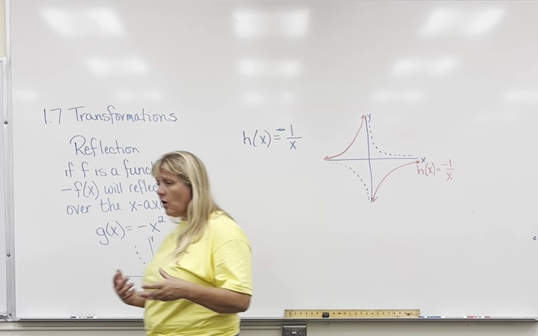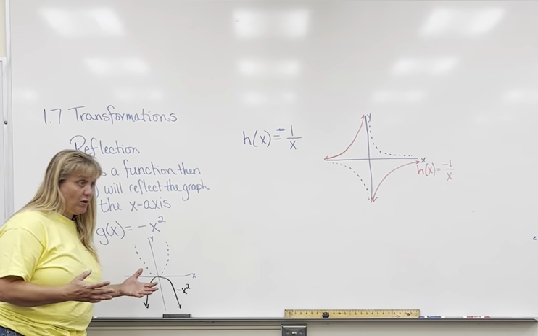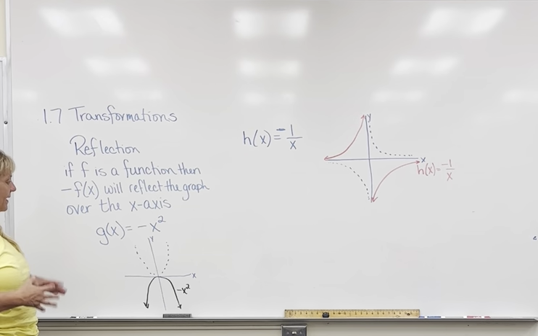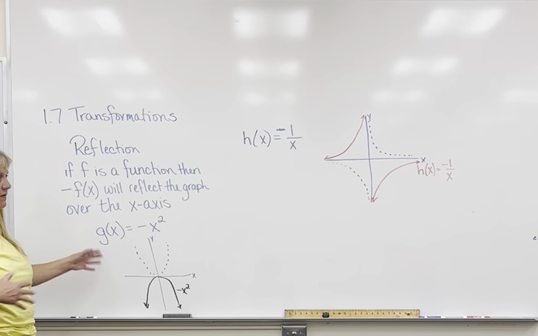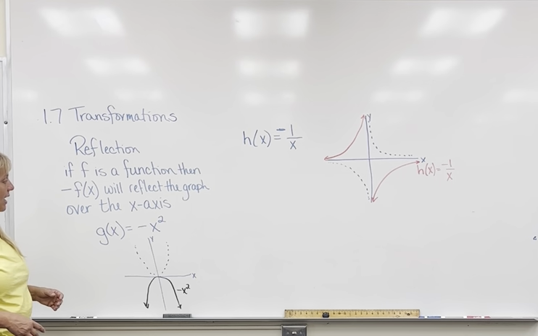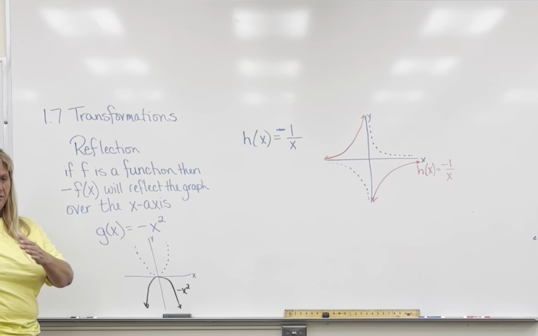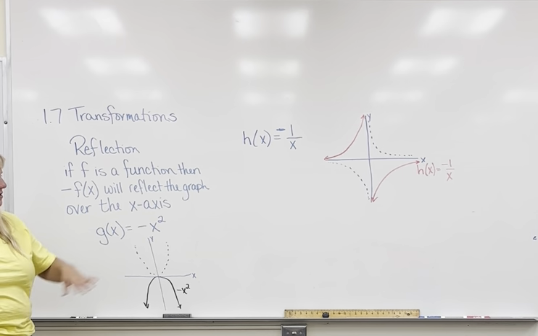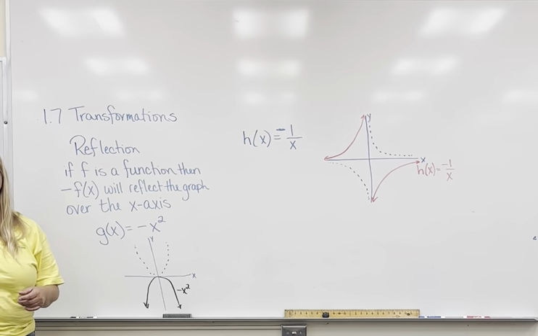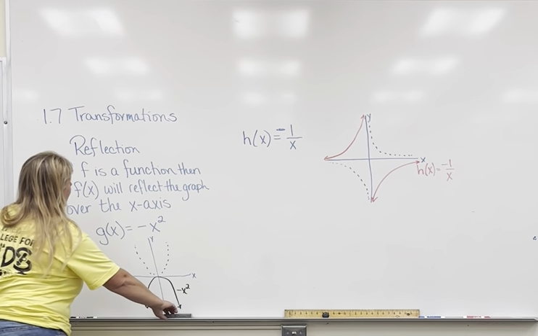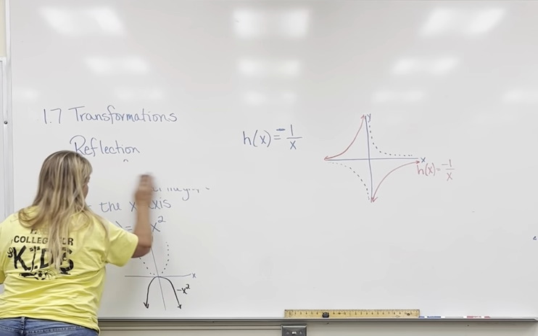So now we can turn our graphs upside down, which is helpful to us. The next thing we want to do is start moving them around, and we're going to go from easier to harder. Reflecting is the easiest transformation. The next one would be moving vertically. So let's look at a vertical transformation.